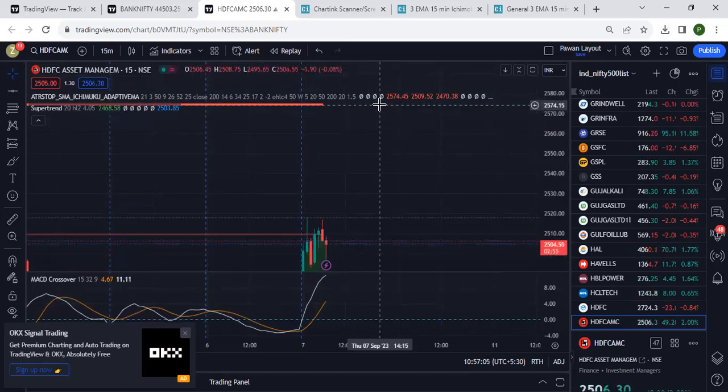This is the weekly target. So don't be confused that the target is achieved in an intraday. If you take a week's time.